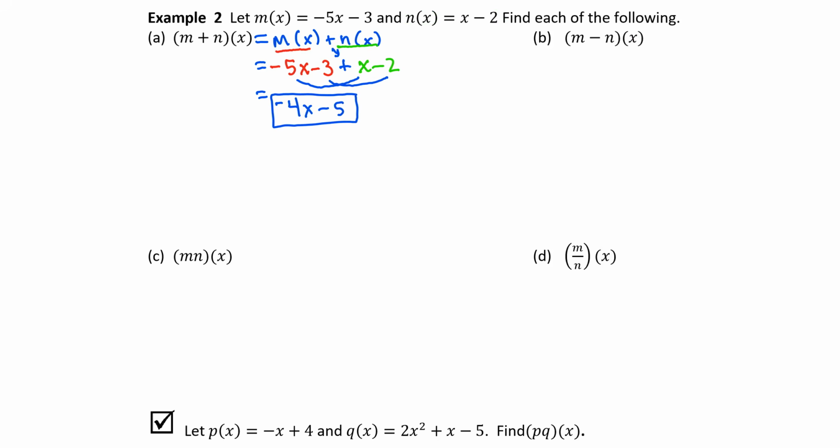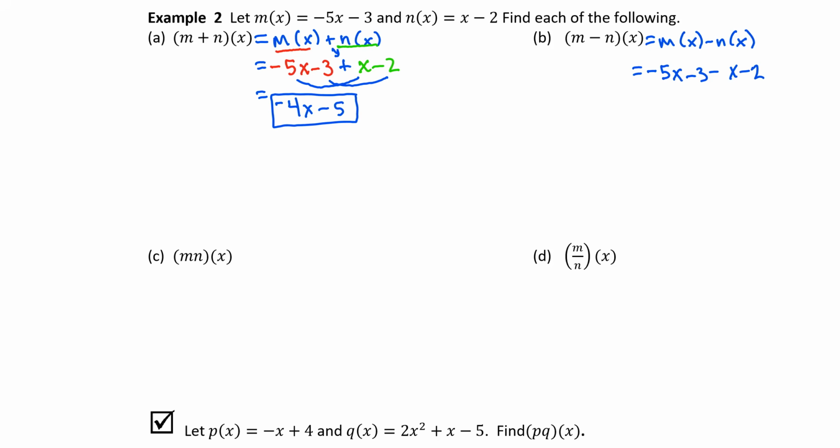Let's practice that with subtraction. We have m minus n of x. This means m of x minus n of x. M of x gets completely replaced with its function rule, that is negative 5x minus 3, and I'm going to subtract the function rule for n of x, which is x minus 2.